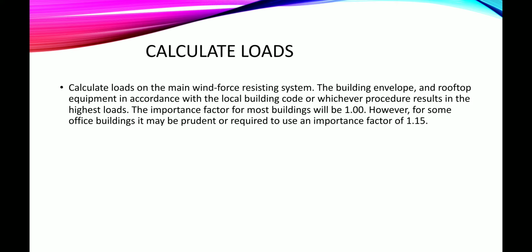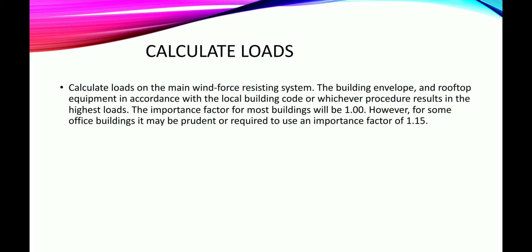Second step, determine load resistance. After loads have been determined, it is necessary to determine a reasonable safety factor or reasonable load factor. For building envelope systems, a minimum safety factor of 2 is recommended.